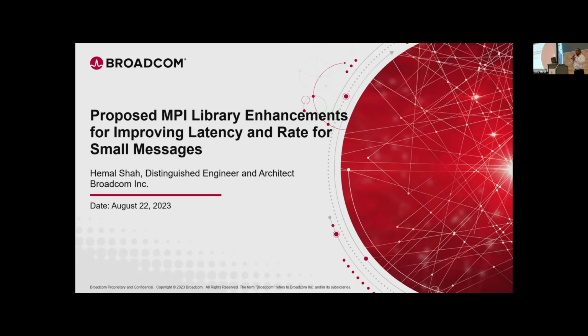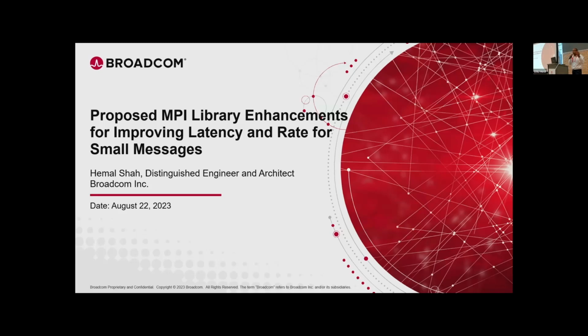So as DK said, what I want to do today in this talk is propose some ideas for where things are right now, where they're going, and what I think as a community we can work on at the MPI layer to really see the benefits as we get into 400 gig, 800 gig, 1.6 terabits, right? There are things that need to work from top to bottom, not just improving network infrastructure.